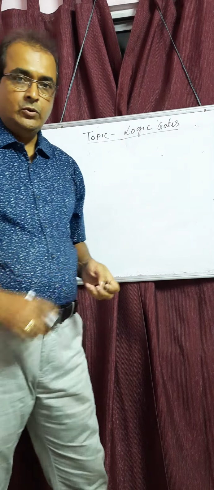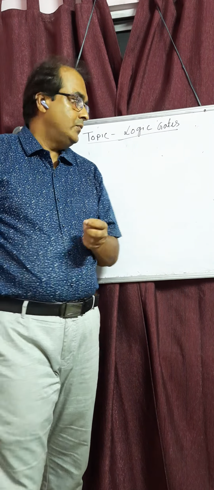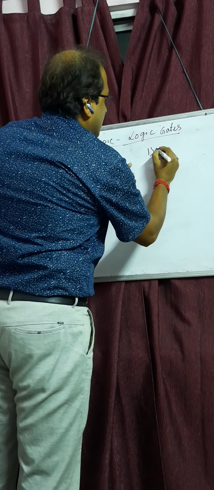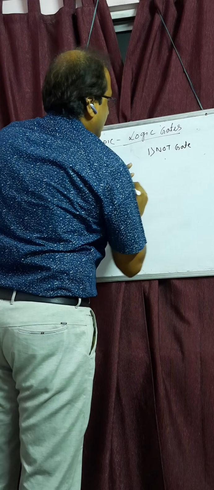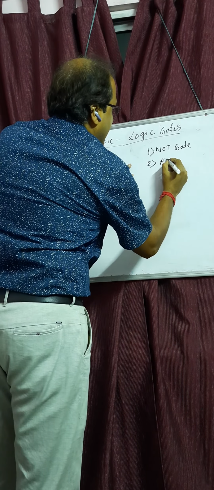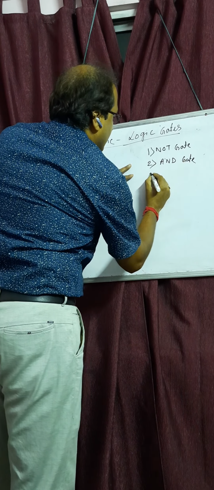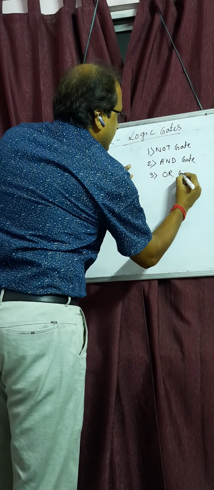Okay, so we know that there are seven logic gates. Number one is NOT gate. Number two, that is AND gate. Number three, that is OR gate.